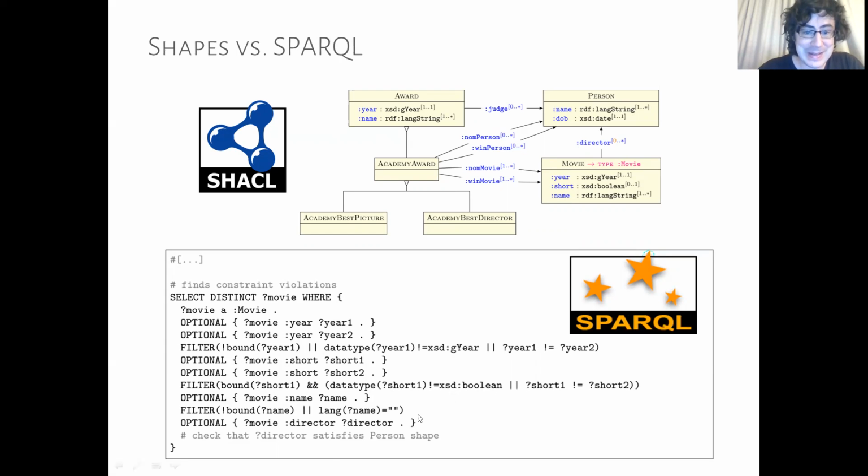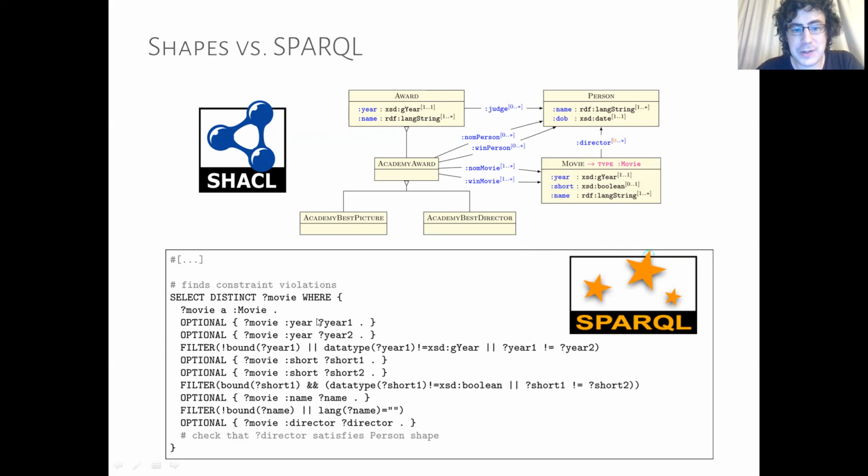Even looking at what's here, it looks pretty complicated, but even to come to this solution, to come to this sort of query is not straightforward. So what we're trying to do here is write a query to find constraint violations. And this is just for the movie shape. So we get all the movies. This is essentially the target.